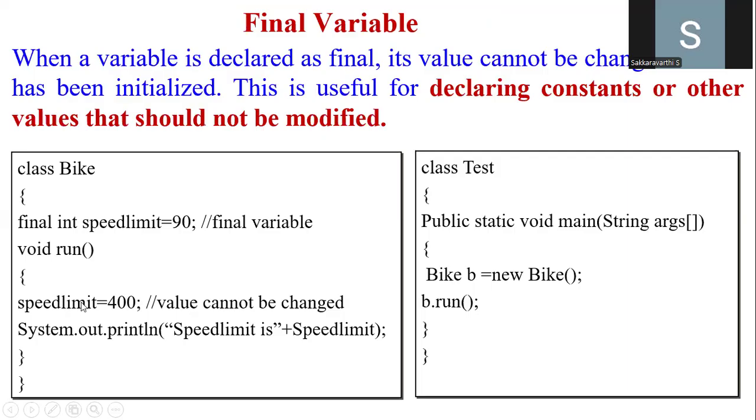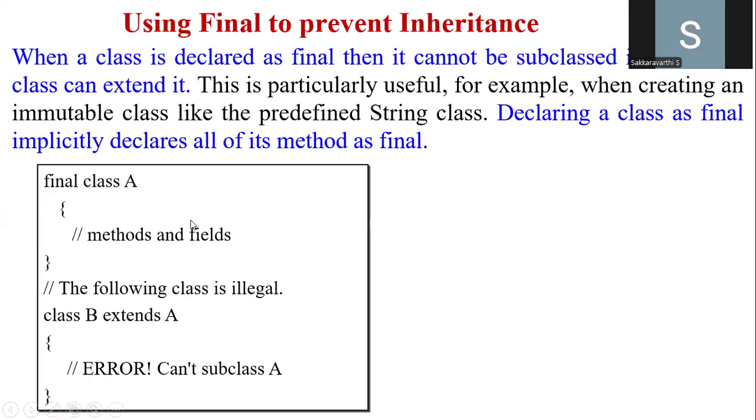Since the variable speedlimit is final, this value 400 cannot be assigned to the speedlimit. Which means the speedlimit is a final variable, and the value cannot be changed once it is assigned. Look here, in the main method, I am creating the object and calling b.run, so the value cannot be changed. So that is the example of a final variable.